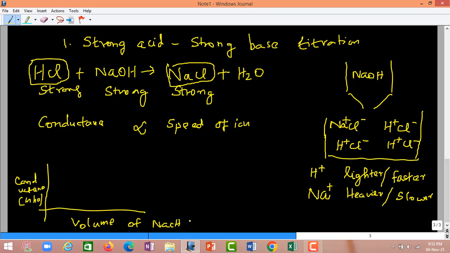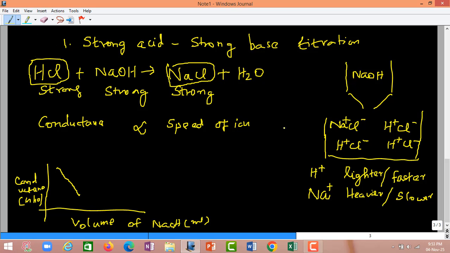If you take the volume of sodium hydroxide in ml, what we find is that when you add sodium hydroxide to HCl, HCl becomes NaCl, H plus is replaced by Na plus, lighter ion is replaced by heavier ion, that is, the speed of the ion decreases and the conductance decreases. So what you will get is a decrease in conductance.